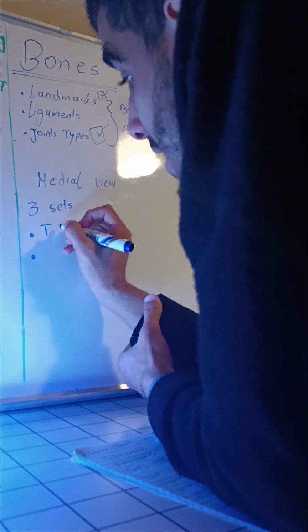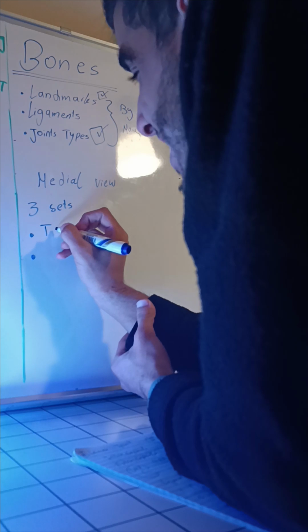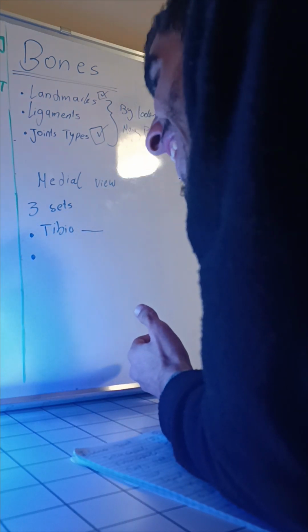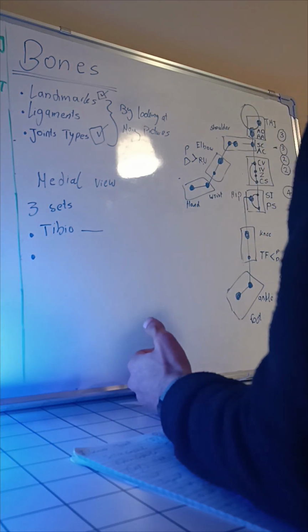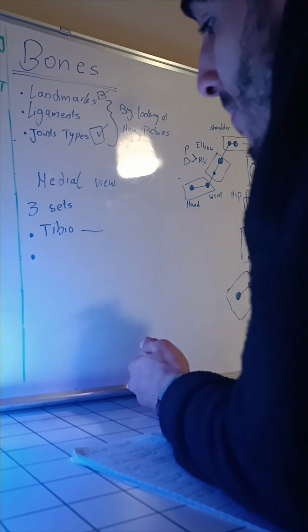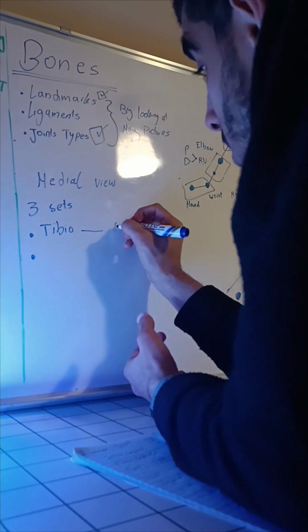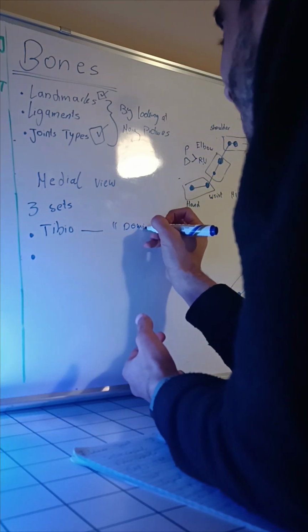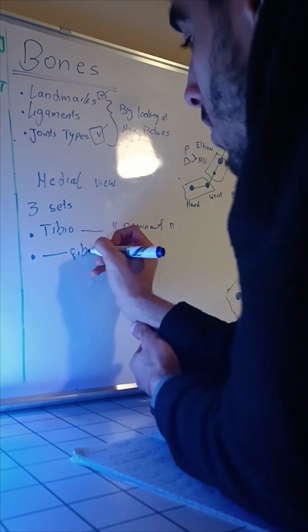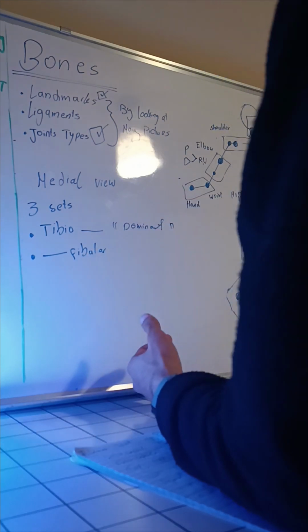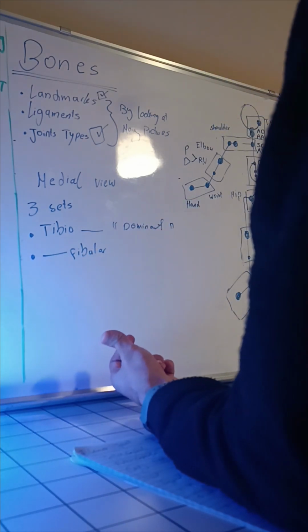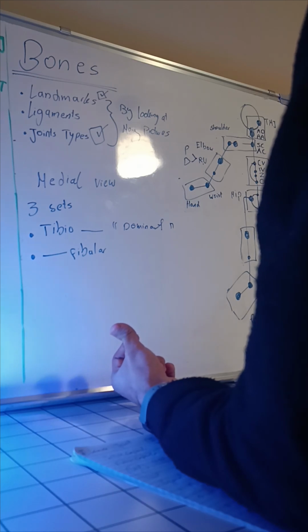The tibia is dominant, so it always starts the name. So tibiocalcaneal, tibiotalar, tibionavicular. But the fibula, on the lateral side, is at the end.